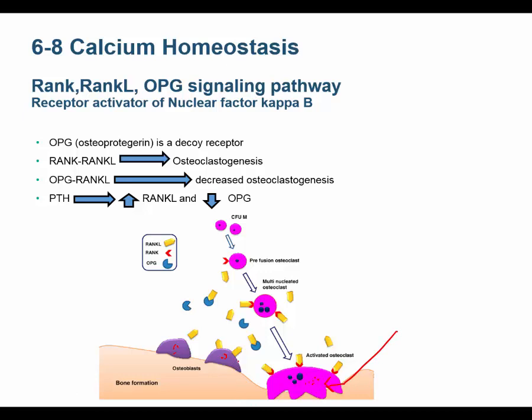What I have here is a thing called RANK and RANK L. RANK stands for receptor activator of nuclear factor kappa B. It's a factor. Well, what binds that? RANK L. RANK ligand. RANK L binds RANK. Okay?